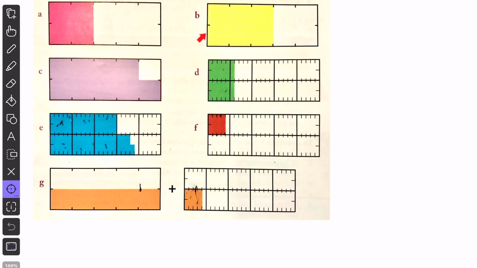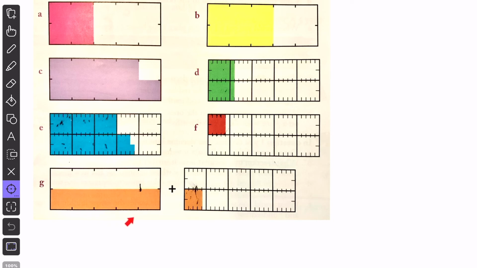Okay, same with B. It's only split into 10 parts, so they're each going to be a tenth. Same with C. Now D, E, F. Now these you can see have been cut up even further, so obviously they're going to be in hundredths, each one of these small boxes here. Okay, so that will give you an idea of how many are in each of those. Now the last one, G, is asking you to add some fractions or some decimals together.